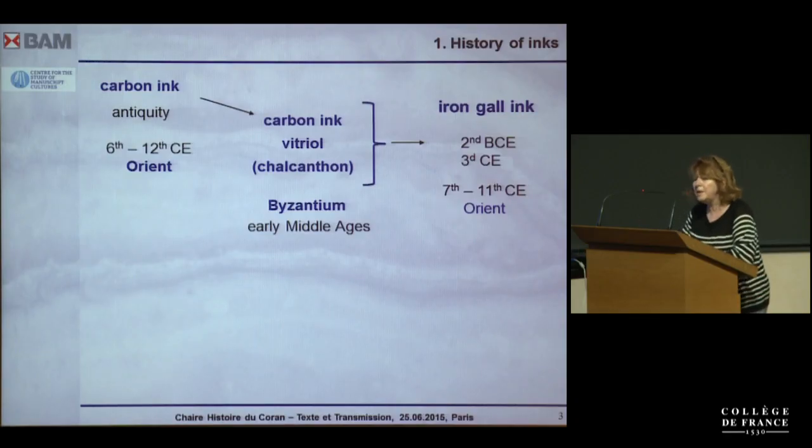Now, of course, inks are very important in all this, and we will maybe start with the inks. One of the interesting things we want to know and are trying to reconstruct is the history of the inks, how inks changed in time and place, and what inks appeared when.